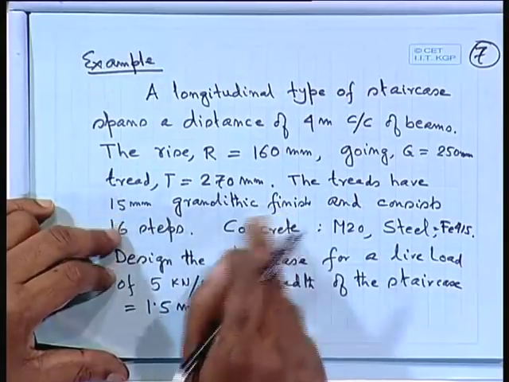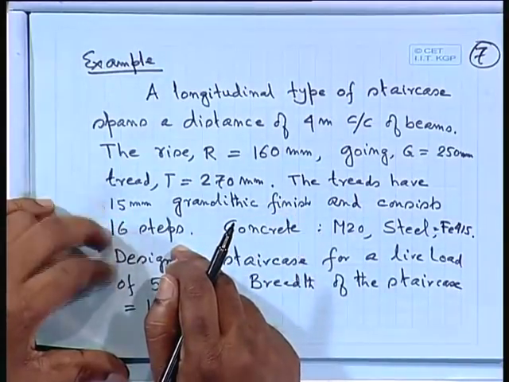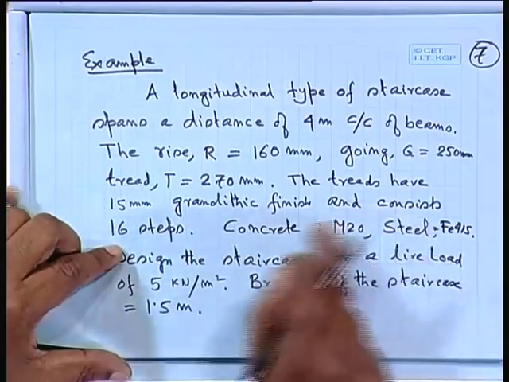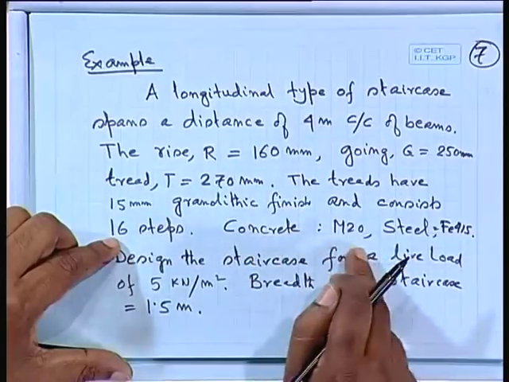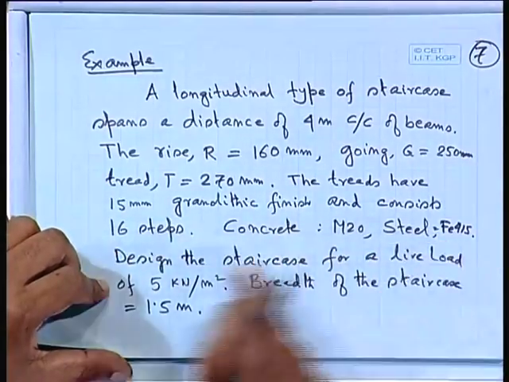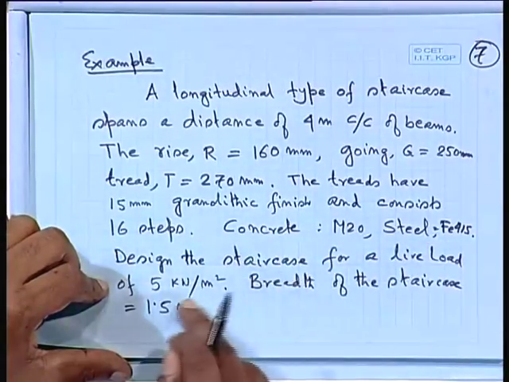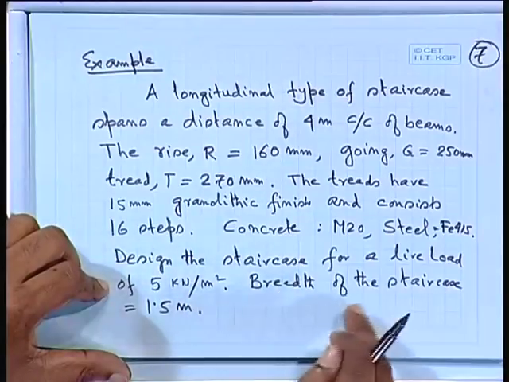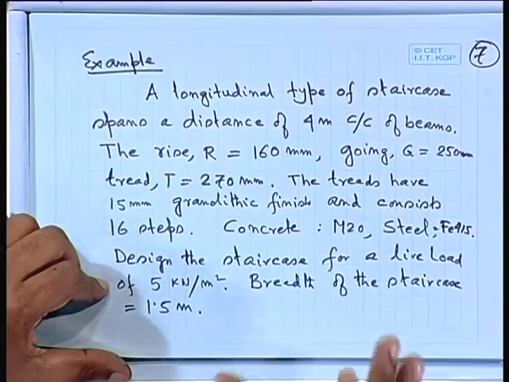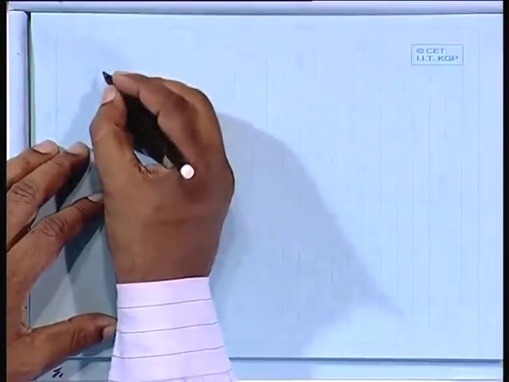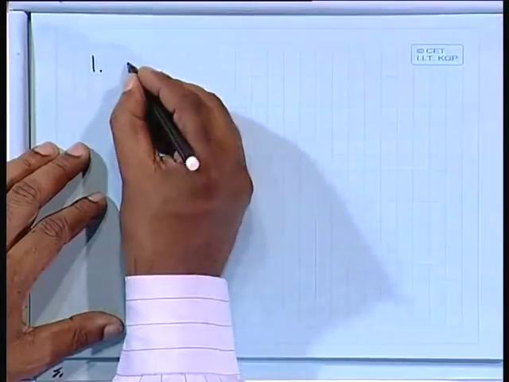The other one is 25 kilonewton for concrete, and we can calculate the 16 steps from the going also. Concrete M20, steel Fe415, and live load 5 kilonewton per square meter, breadth of the staircase 1.5 meter. So, 1.5 meter is the breadth that is given. Number 1, what about the thickness of waist?